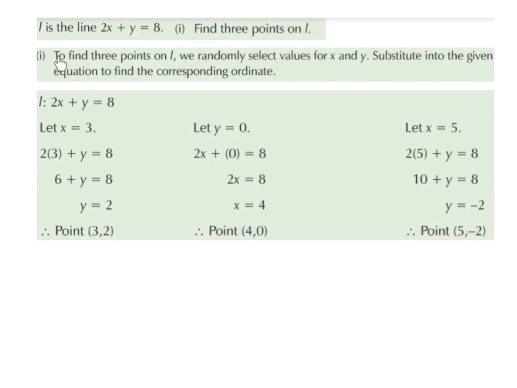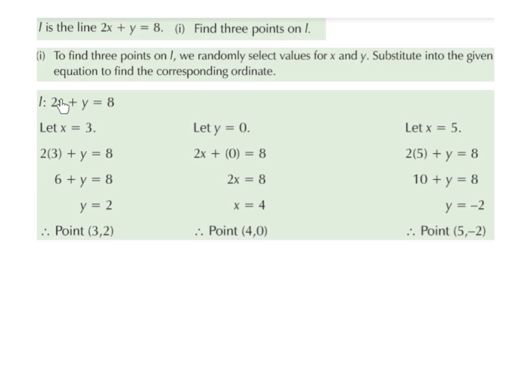So part 1. To find 3 points on L, we randomly select values of x and y. Substitute into the given equation to find the corresponding ordinate. So our line is 2x plus y is equal to 8. We're going to start off by letting x equal 3.